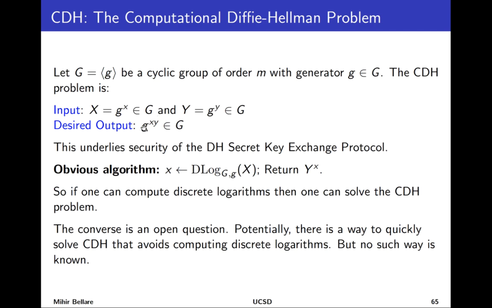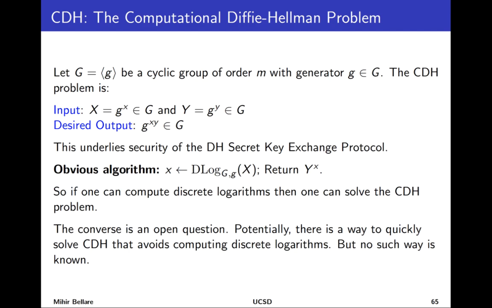What you're asked to output is not some discrete log, not little x or little y, but the result of taking the generator and raising it to the power little x times little y. Okay, since big X uniquely defines little x and big Y uniquely defines little y, this is a well-defined quantity. And the problem for you is simply find that quantity.